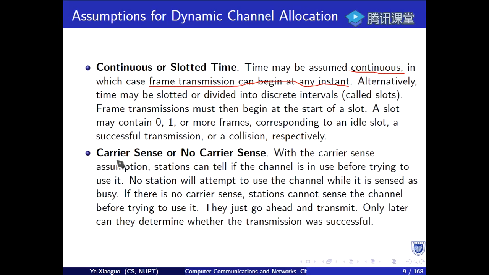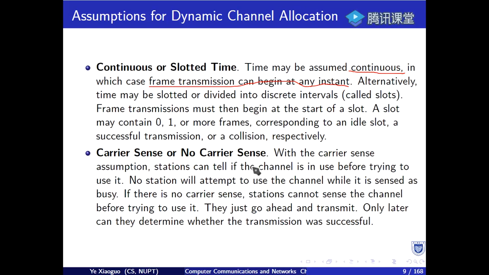The next point is carrier sense or no carrier sense. With the carrier sense assumption, stations can tell if the channel is in use before trying to use it.